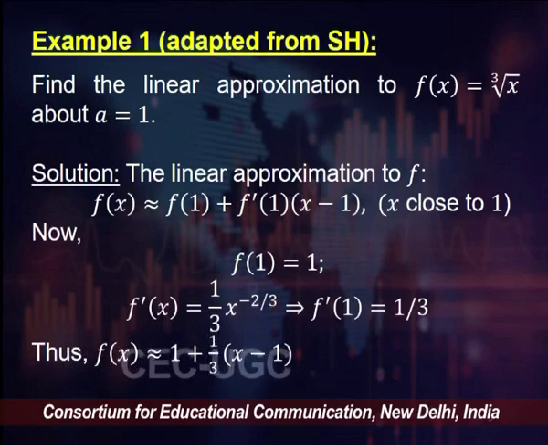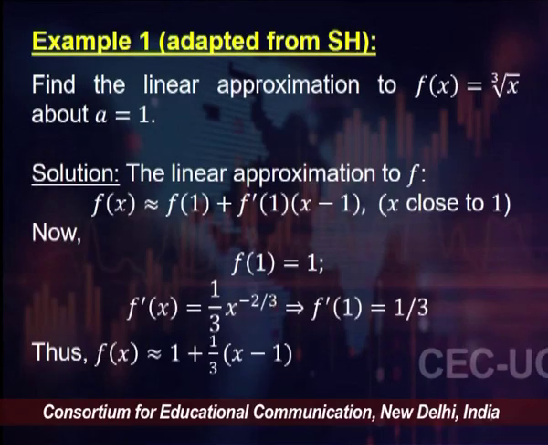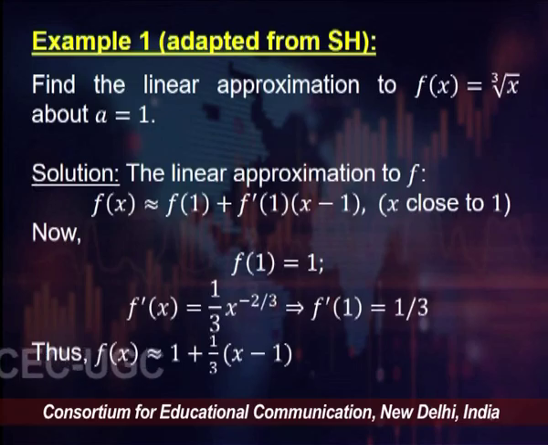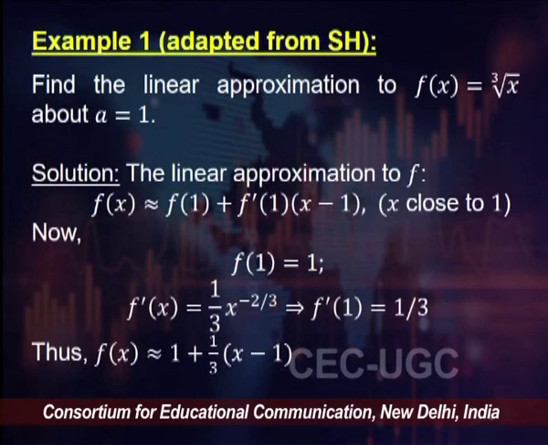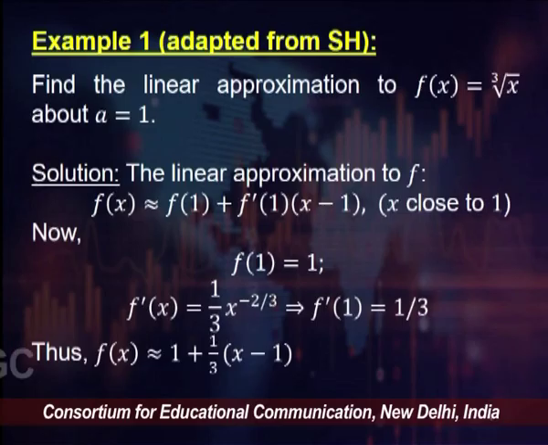Now let us get a sense of linear approximations through a few examples. Let's see how linear approximations work. The question here asks you to find the linear approximation to the function f of x equal to the cube root of x about the point a equal to 1. The function is x to the power 1/3.